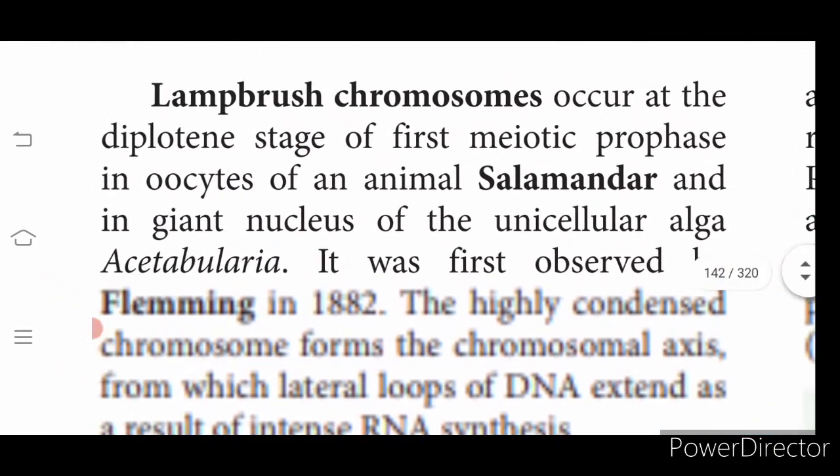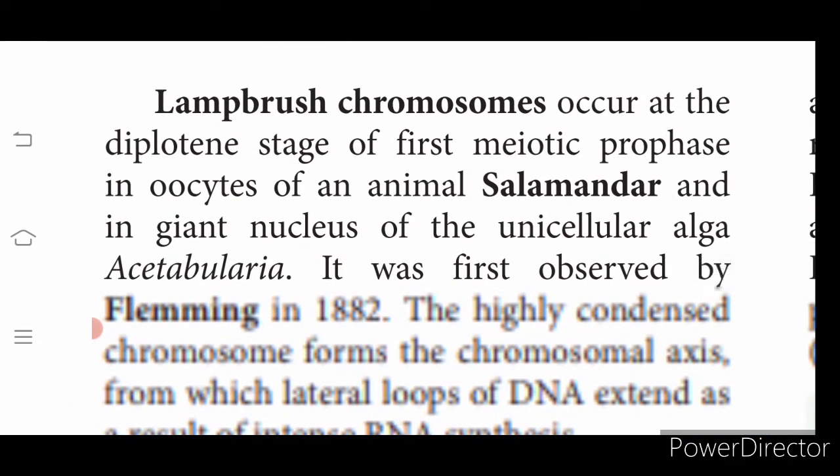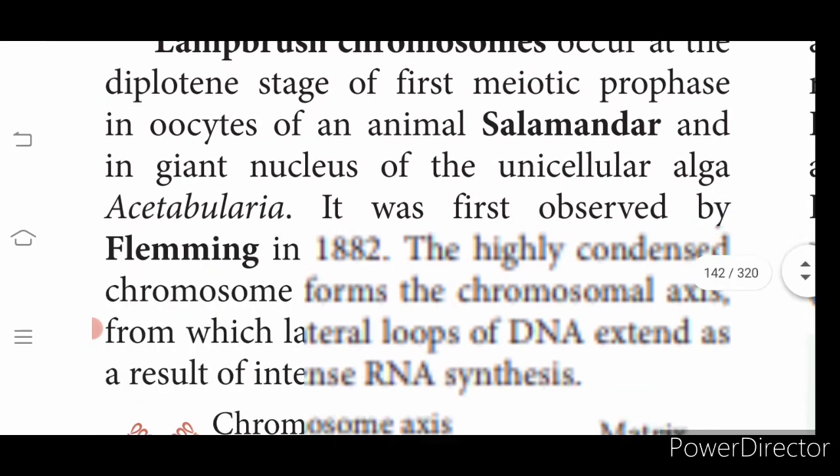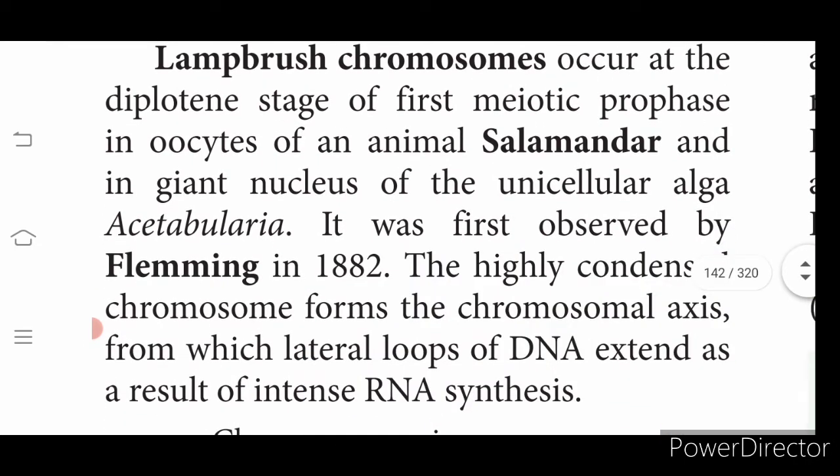Next we have another type, the Lampbrush chromosome. As we saw, the Polytene chromosome is seen in the insects of Diptera, while the Lampbrush chromosome is present in the salamander, and also in algae.